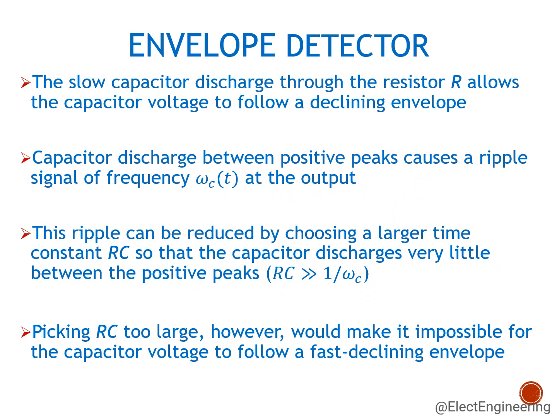So the slow capacitor discharge through the resistor allows the capacitor voltage to follow a declining envelope. Capacitor discharge between positive peaks causes a ripple signal of frequency omega c at the output.